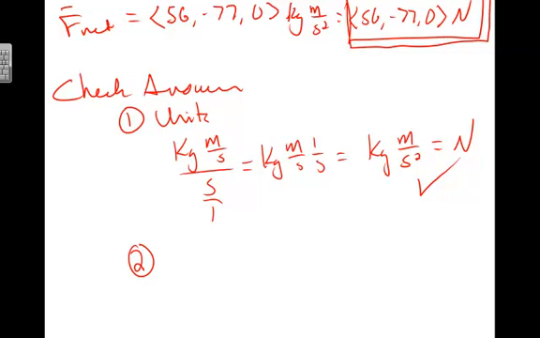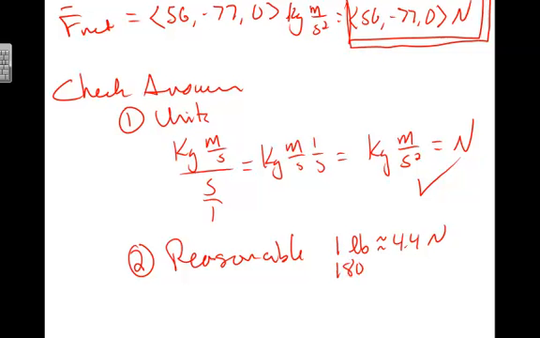We also have to see if our answer is at all reasonable. We want to compare these things to real-world numbers. And on your equation sheet that you'll get on the assessments, on the back I have a number of real-world values. So two that kind of caught my eye. One is that 1 pound is roughly 4.4 newtons. And a 180-pound adult is approximately 800 newtons.